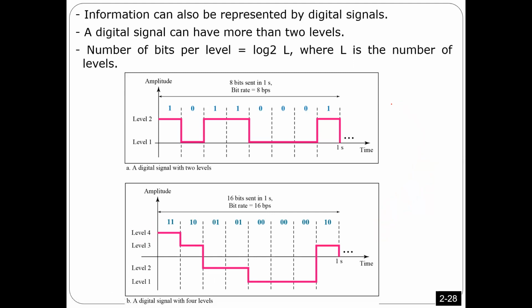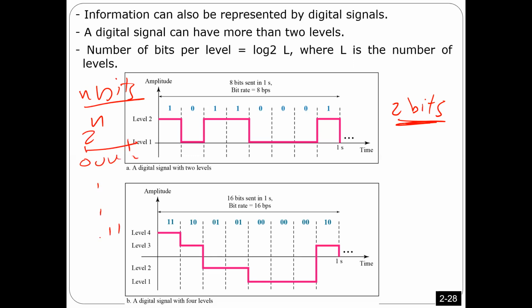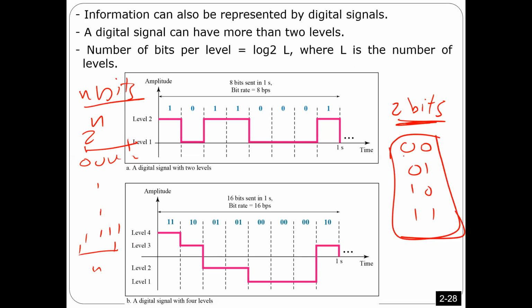If I have 2 bits, how many numbers can I represent? 2 to the power 2. In general, if I have n bits, I can represent 2 to the power n numbers, starting from 0, 0, 0 with n zeros until 1, 1, 1, 1 with n ones. In the case of 2 bits, I have 0, 1, 2, 3, this way. So I have 4. That is why, in the case of 2 bits, I need 4 levels.